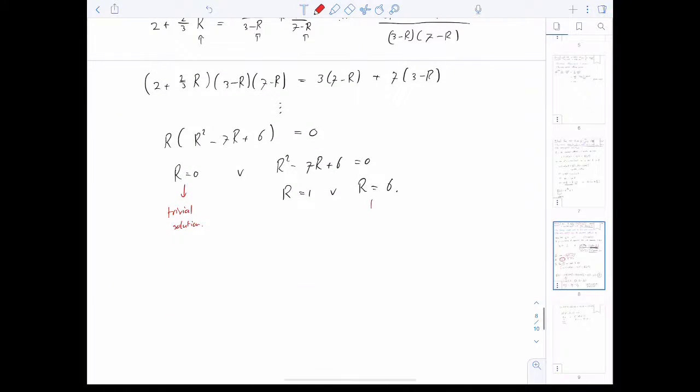So definitely r equals 6 does not qualify, since M_X of 6 diverges to infinity. Therefore r equals 1 must be the answer, and it's the only one that can be the correct solution.